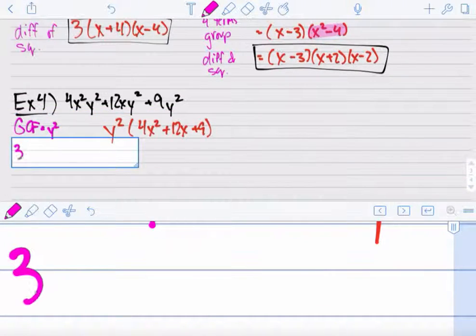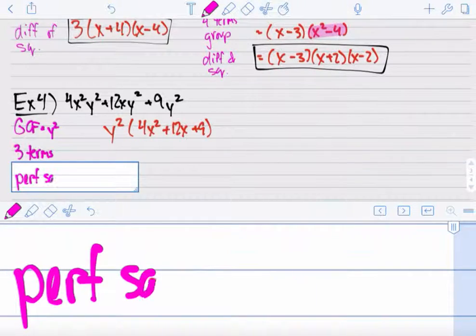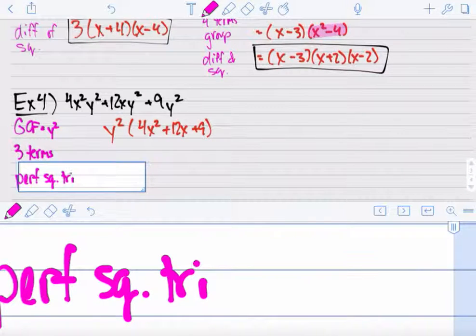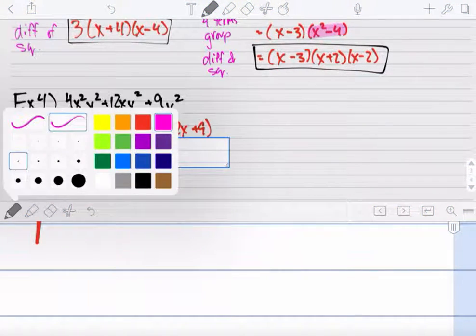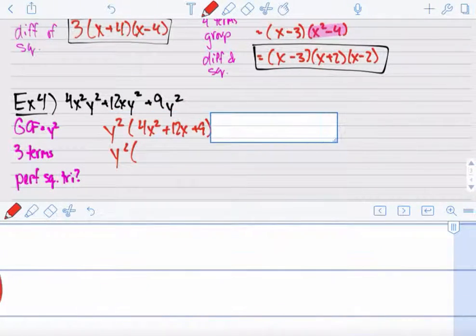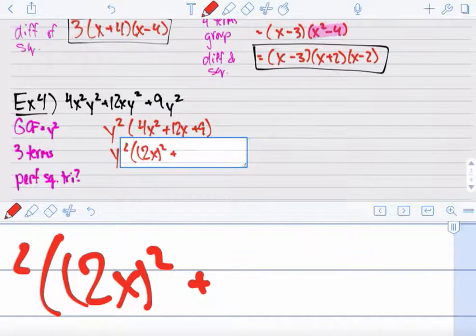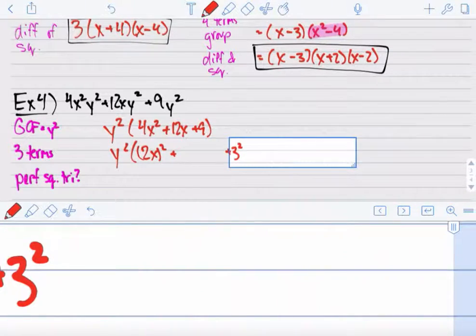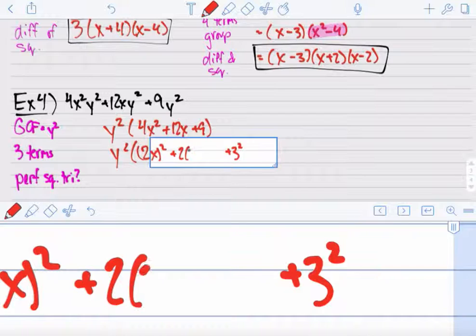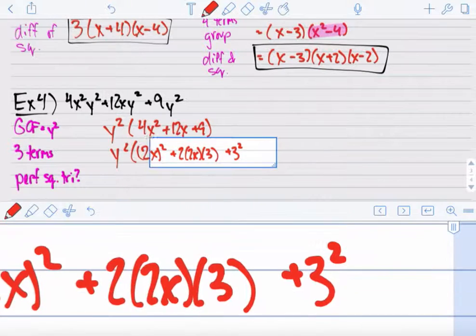It's 3 terms. Let's check. We can rewrite that as 2x squared plus 3 squared, and the middle term is 2 times 2x times 3, 2 times 2 is 4 times 3 is 12.